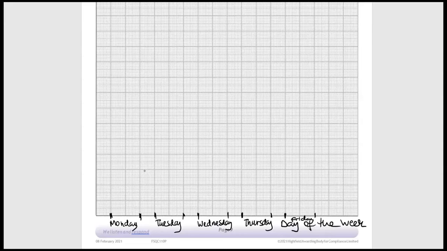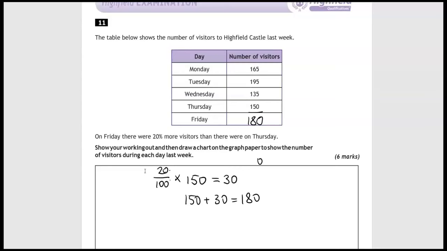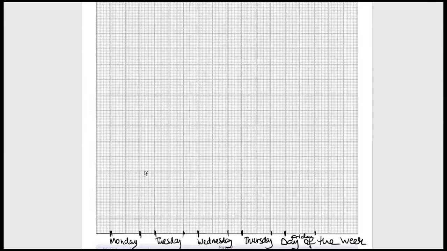And in terms of number of visitors, it goes up to 195. So let's say 200. I'm going to round it up. How many squares do we have?